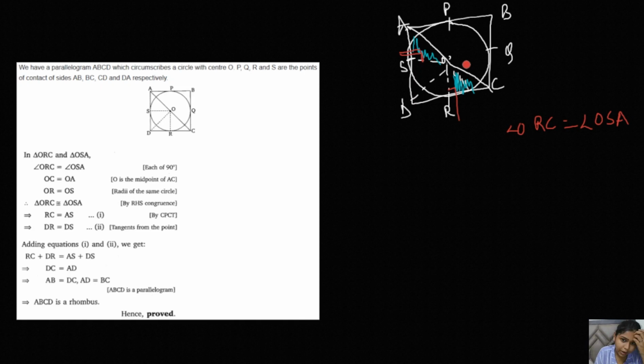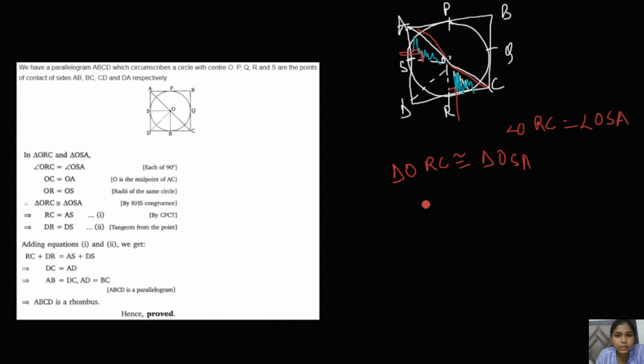Then OC is equal to OA, because both of them are radii of the circles. And OR is also equal to OS, they are also radii. So by the RHS congruency rule we can prove that triangle ORC is congruent to triangle OSA.